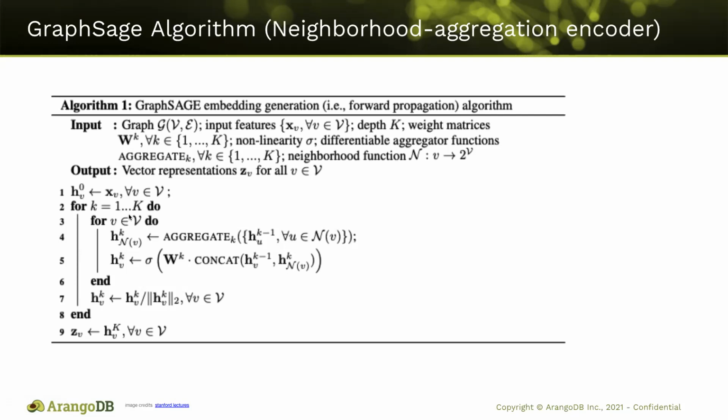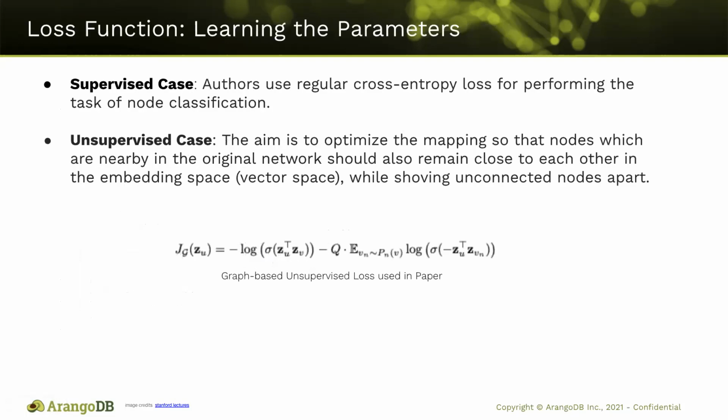Then we repeat the process again for search depth 2, and then again for search depth 3, going beyond and beyond into the deeper neighborhoods of a target node. At the end, we get the final representations of the nodes, which are represented by z of v.